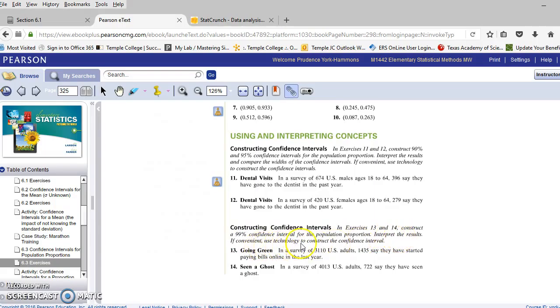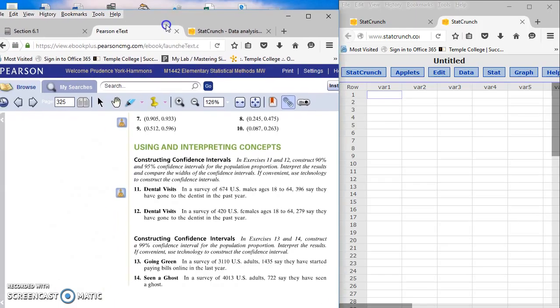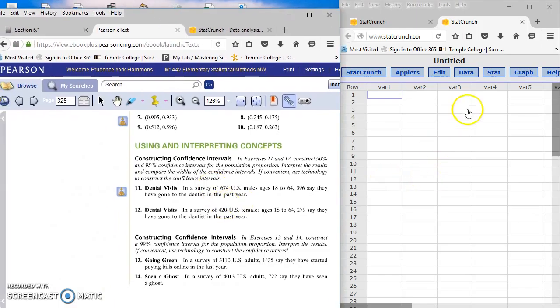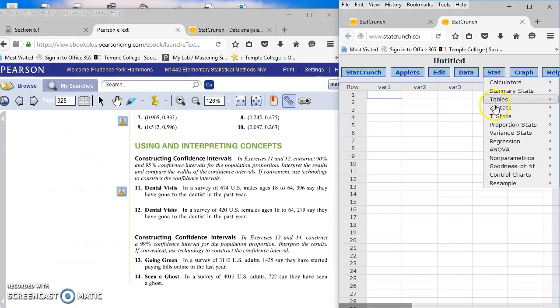Well, certainly we're going to use technology to construct this confidence interval. So I'm going to move this over a little bit and let us see StatCrunch once again. Since this is a population proportion, when you go to stat, you're not going to do a z-stat or a t-stat. Those were both for finding the mean.